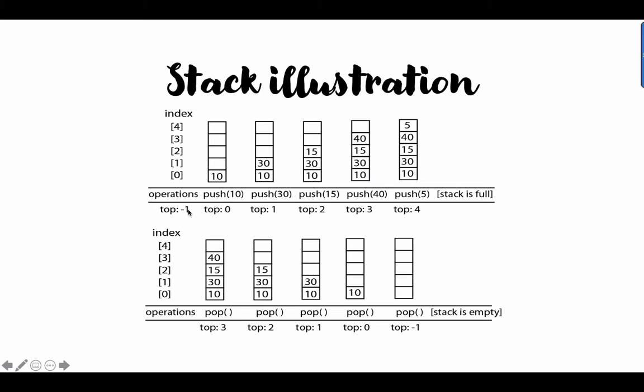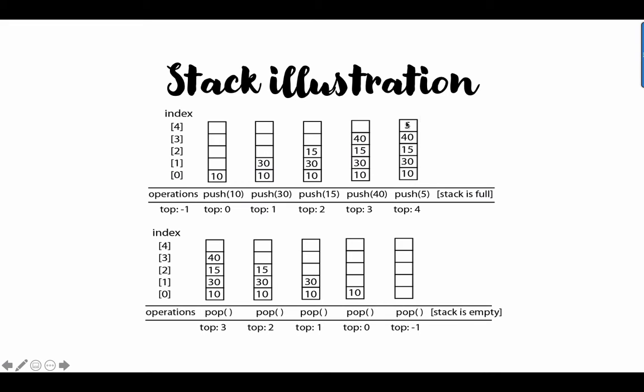Then if we want to insert an item, we call push. So we use push 10, meaning that we are inserting the value of 10. Once we push a value, we increment the value of top by 1, so from -1 to 0. Then we push in 30, we push in 15, we push in 40, and we push in 5.